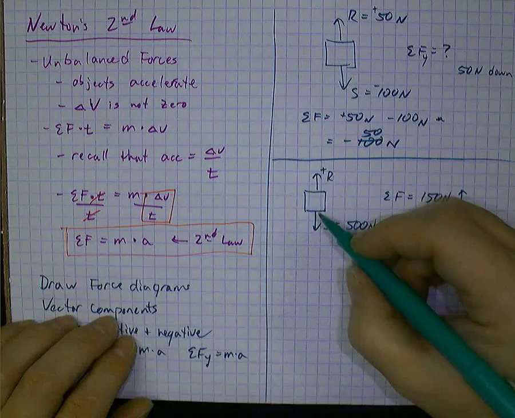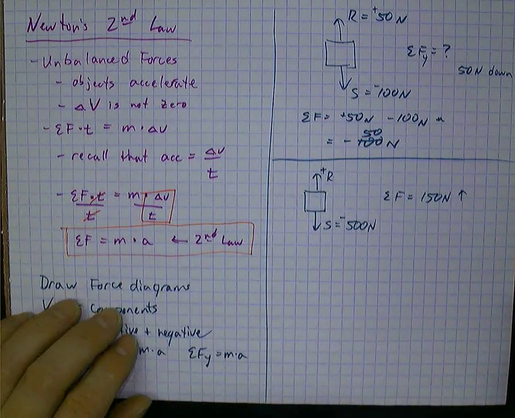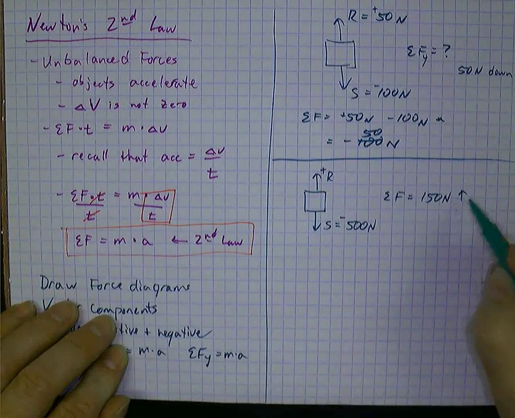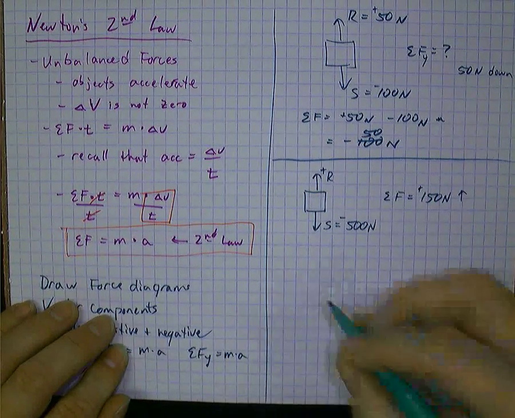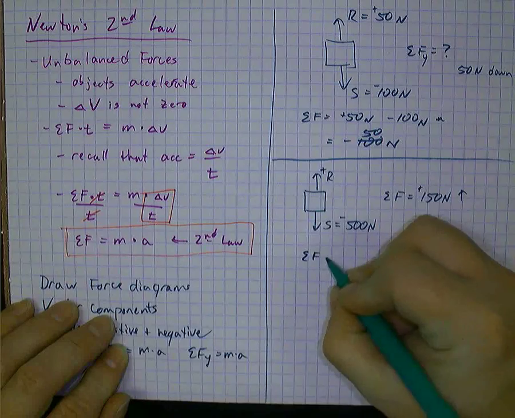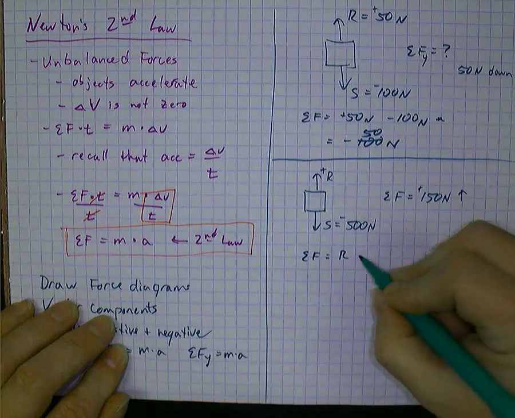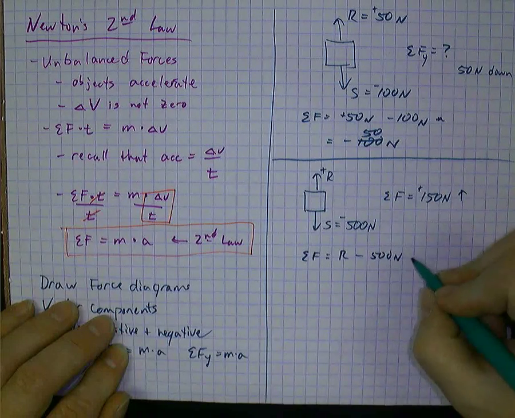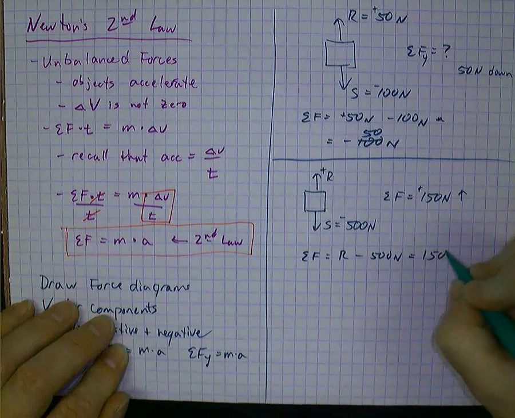R would be positive, S would be negative, again because it's pointing down. The net force is given as pointing upwards, so I would label it as positive also. Net force would equal R minus 500 newtons. That has to equal positive 150 newtons.